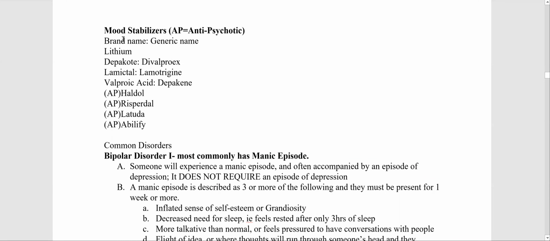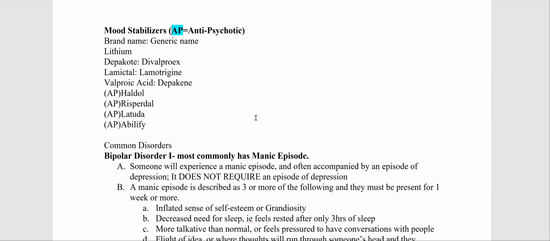And again, the brand name is going to be on the left and the generic name is going to be on the right. And I have AP because AP is antipsychotics, because antipsychotics can oftentimes be given to people to help their mood disorders. So there's not a really easy way to remember those.